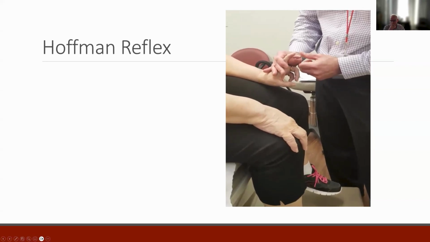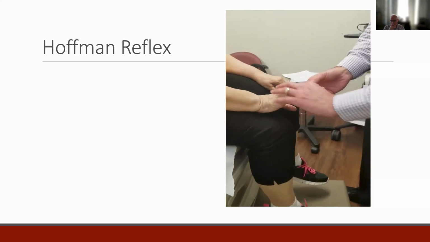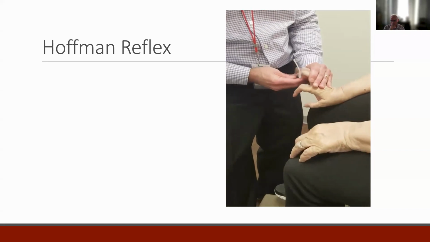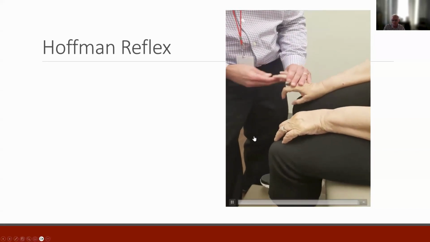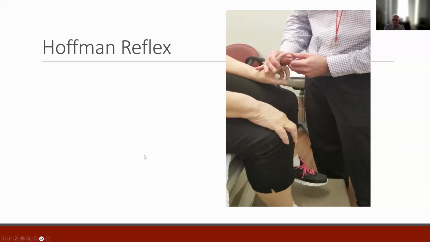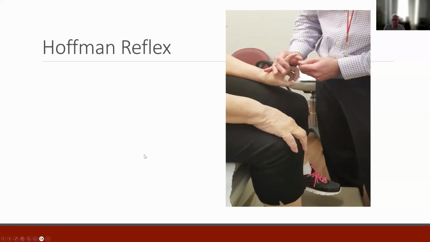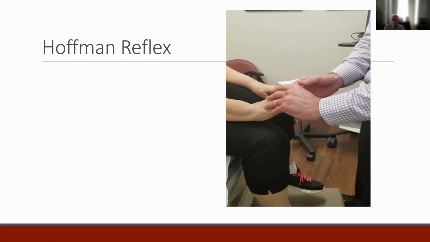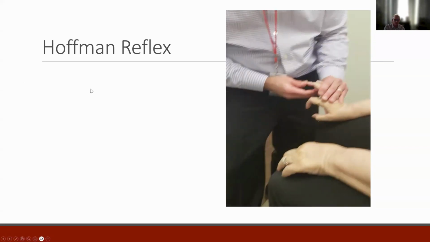You can see very clearly that she moves her fingers a lot with just a little stimulus, not as pronounced on the right, but definitely pronounced on the left. Look at this side: I'm holding her index finger, which normally you don't, and all of her fingers are going down. That's somebody who definitely has some tone.